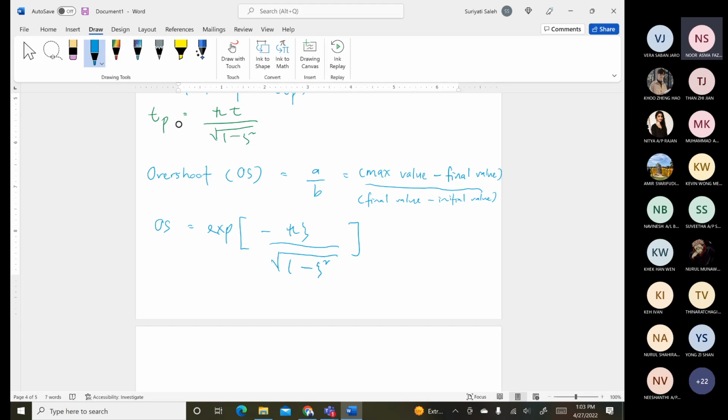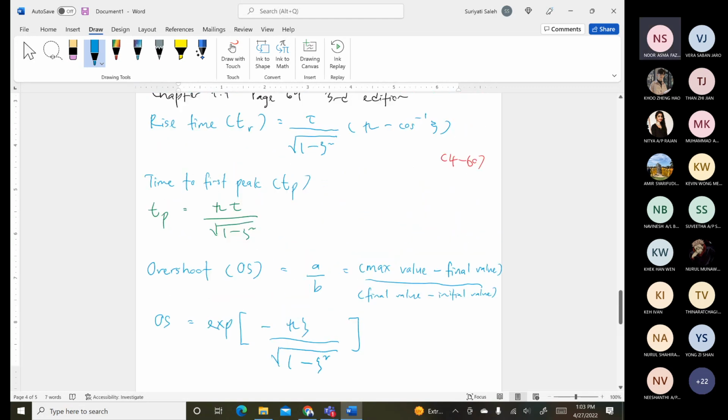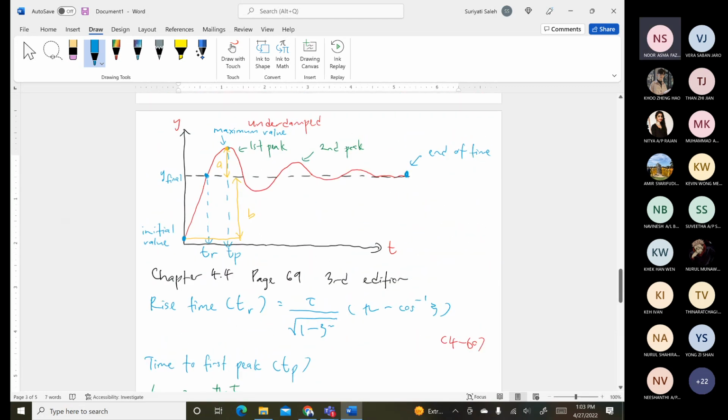So this is the formula involving the damping coefficient to calculate the overshoot. The overshoot represents how much your process or variable exceeds the steady state value.